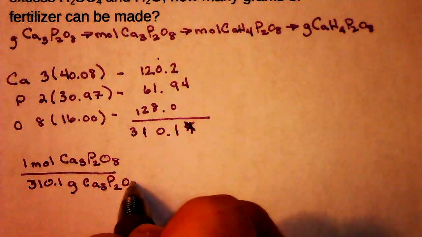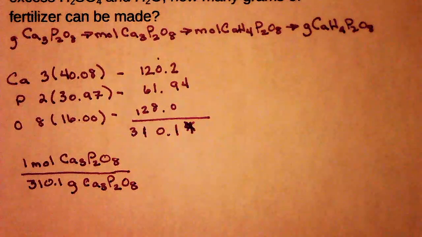All right. Now, let's go ahead and look at the next one that we've got to do here, and that is the CaH4P2O8. All right, we're going to do the same process.